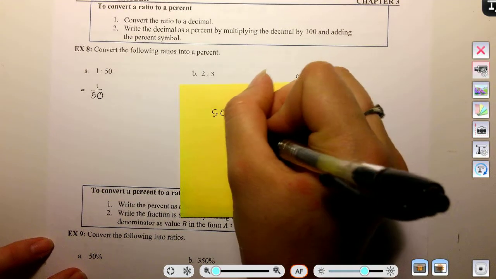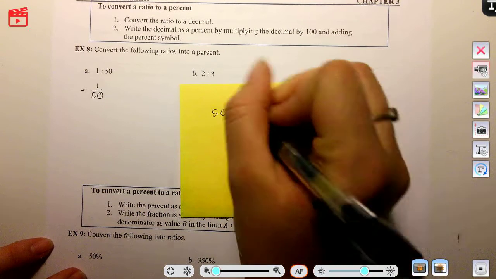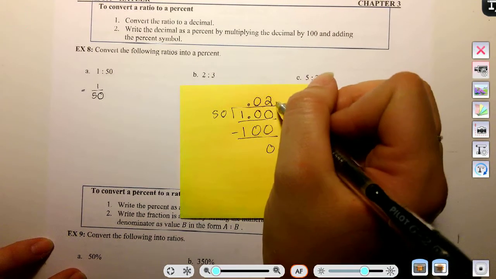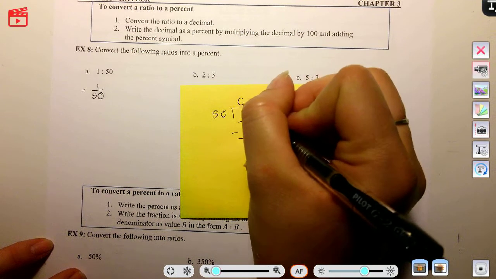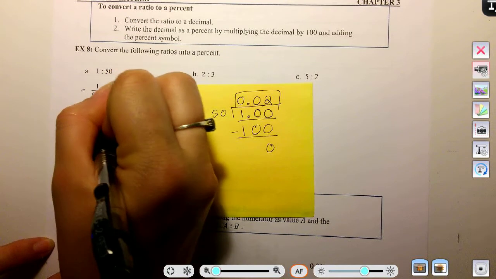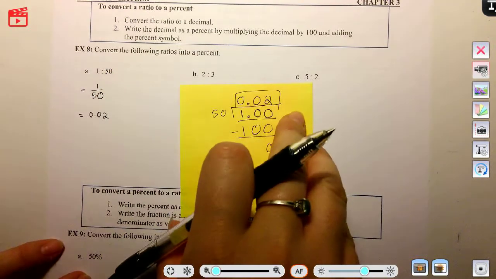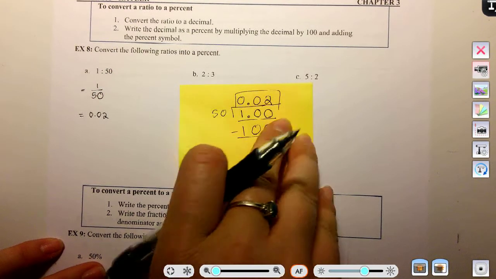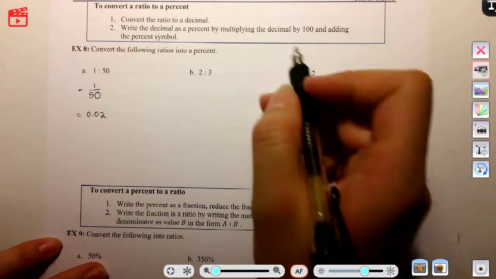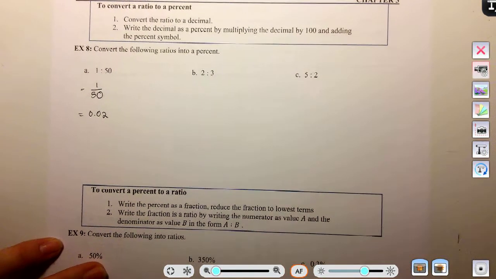Then that's going to be 50 times 2, which is 100. That is 0, no remainder. So 0.2, but let's add in that 0 there. 0.02. All right, so we converted the ratio to a decimal by turning it into a fraction and then doing long division. Last thing, multiply by 100 and add the percent symbol.